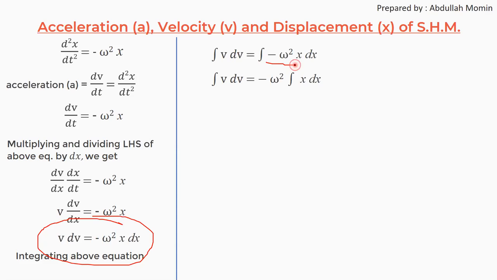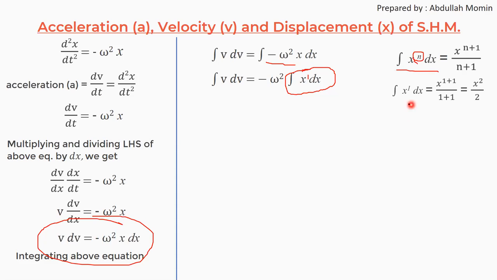Minus omega square is taken outside the integration because it is constant, and we have the formula of integration of x raised to n dx as x raised to n plus 1 divided by n plus 1. In this term the power of x is 1, which means n is 1. So the integration of x raised to 1 dx can be written as x raised to 1 plus 1 upon 1 plus 1, that will be x square by 2.